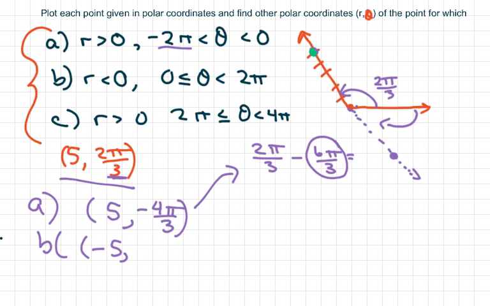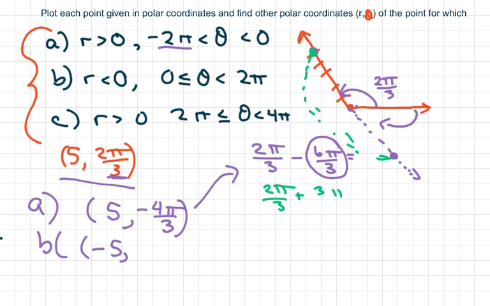So basically what you're going to do is just subtract π. To get here, what we're doing is adding π.